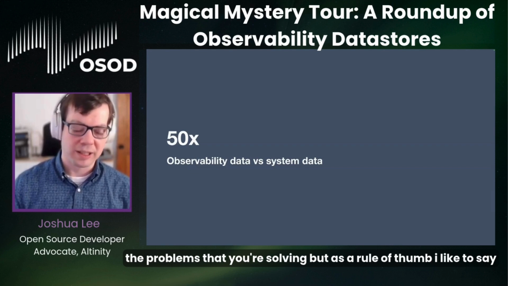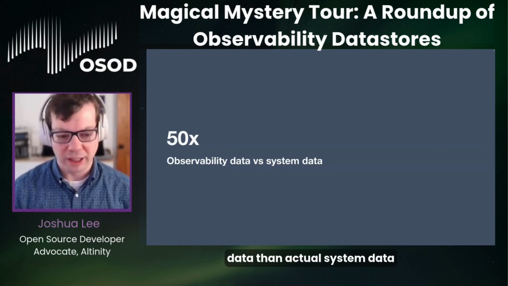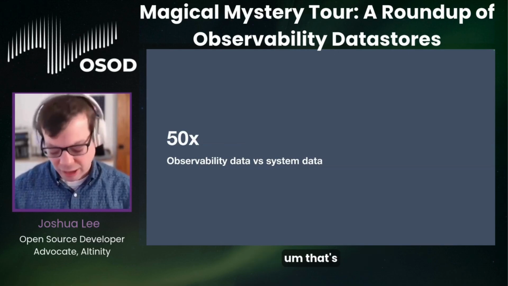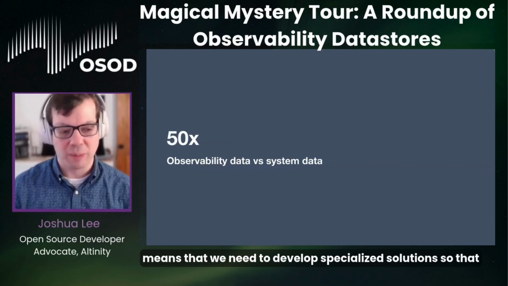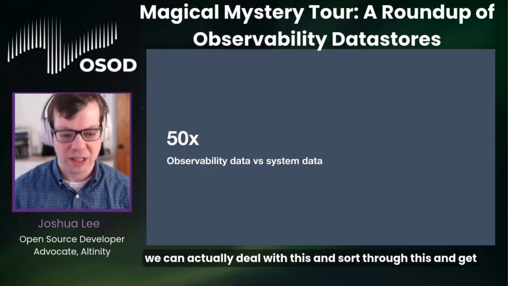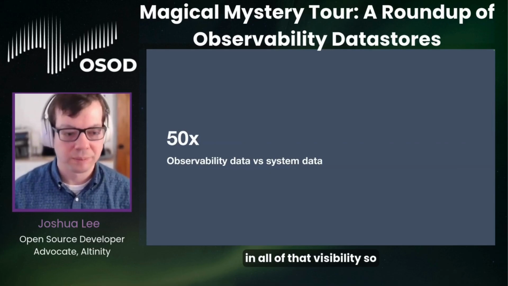But as a rule of thumb, I like to say that you're going to have about 50 times more observability data than actual system data. That's just a huge amount of volume that we have to deal with, and it means that we need to develop specialized solutions so that we can sort through this and get to the understanding in all of that visibility.